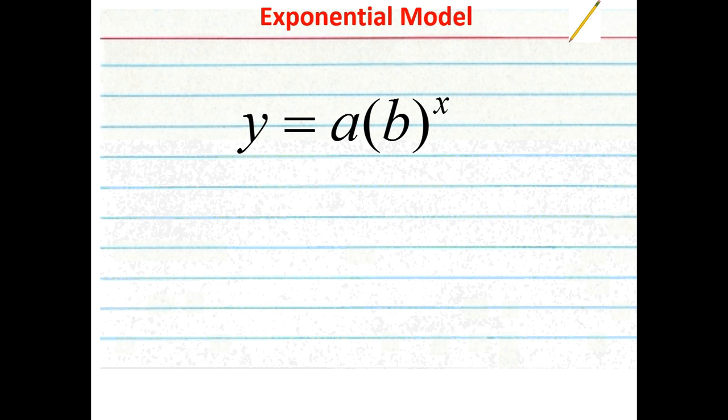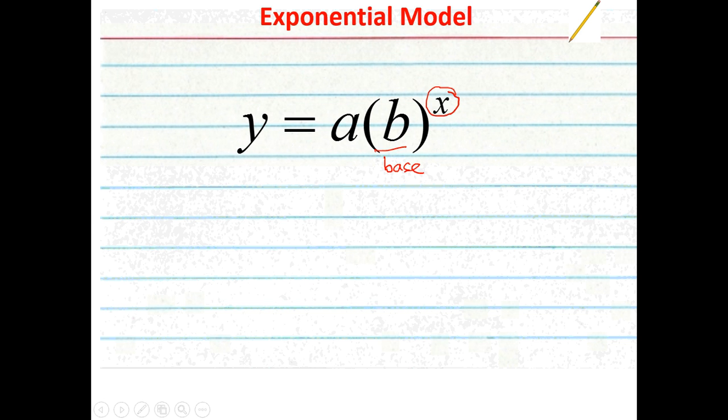So what does an exponential model look like? Well, an exponential model looks like this. Every function that we talk about has a generalized equation or generalized y equals something, right? So this is what an exponential model looks like. Notice the x is in the exponent. That's why it's called exponential. The b is the base, okay?